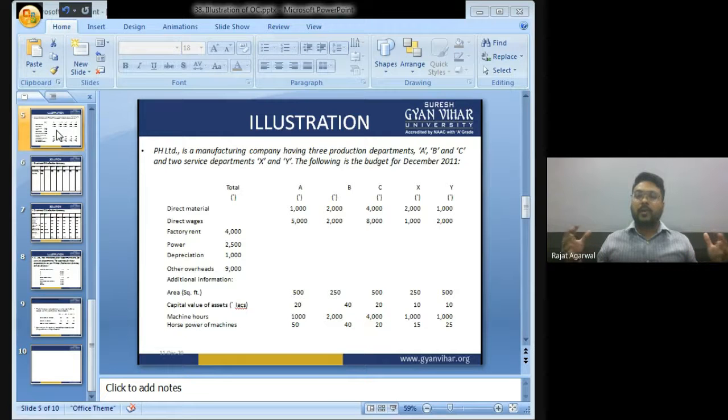So rent is dependent on the size of the area. If your area size is big, the rent will be more. If your area size is small, the rent will be less. So rent is always dependent on area. So let us distribute the rent on the basis of area.